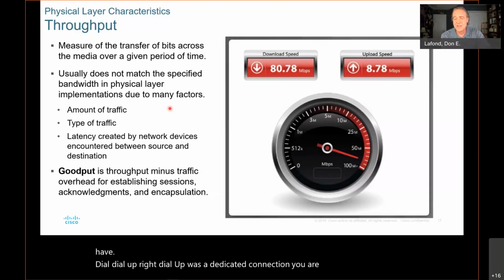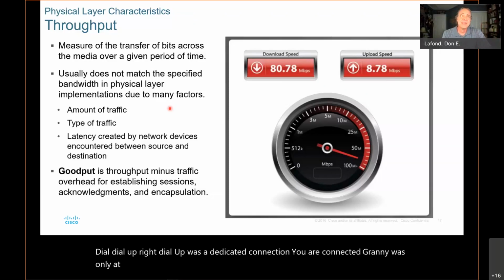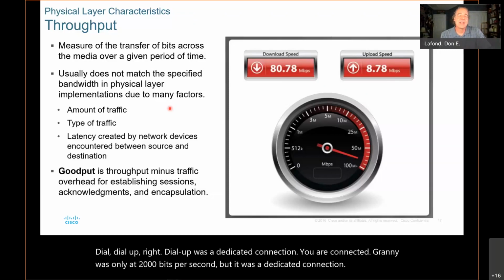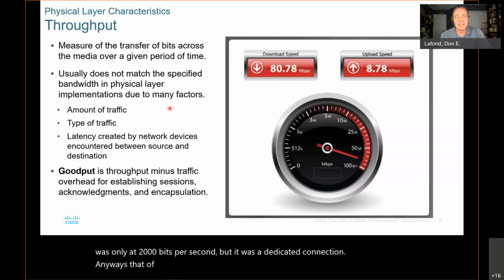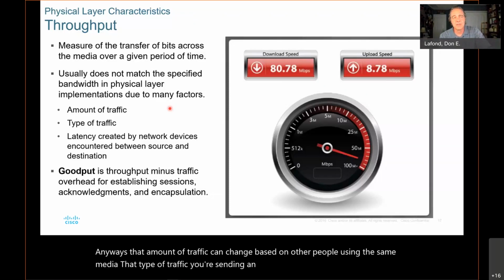Granted, it was only at 2,000 bits per second, but it was a dedicated connection. Anyways, that amount of traffic can change based on other people using the same media, the type of traffic you're sending, and latency created by network devices encountered between the source and destination.